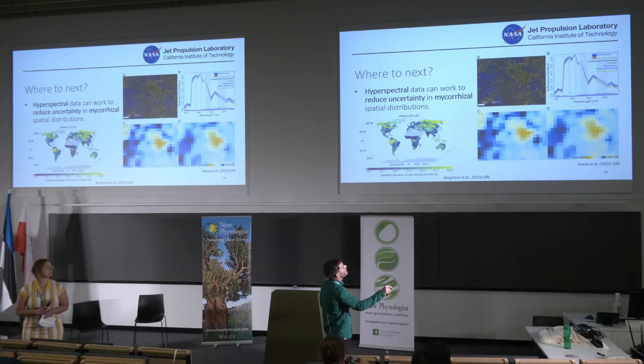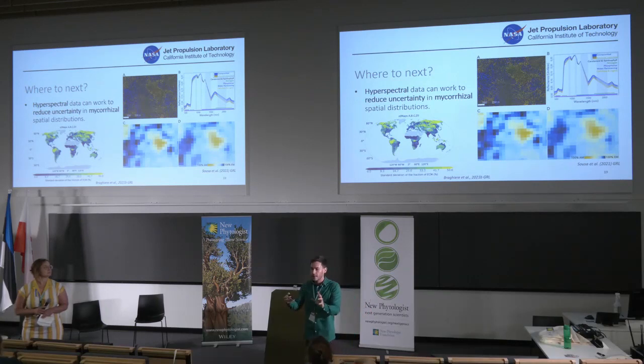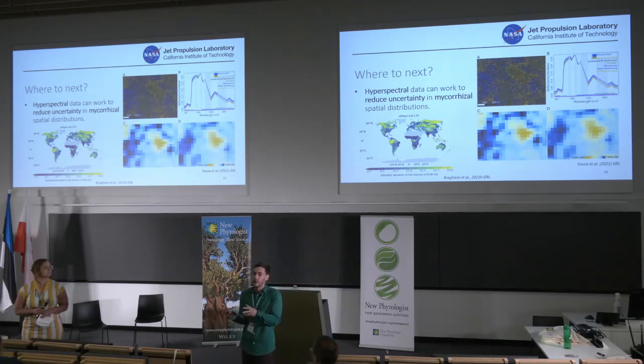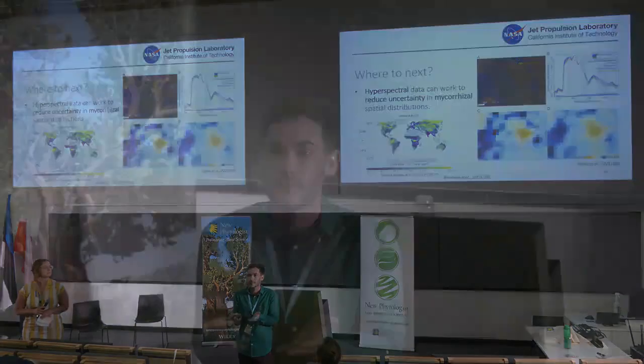And then nitrogen is mostly observed for this part of the spectrum. Phosphorus is harder to see, it's all over the place. But the idea is that because the mycorrhizal associations impact the leaf pigments and the leaf content of nutrients, we would be able to capture those differences with the hyperspectral data.